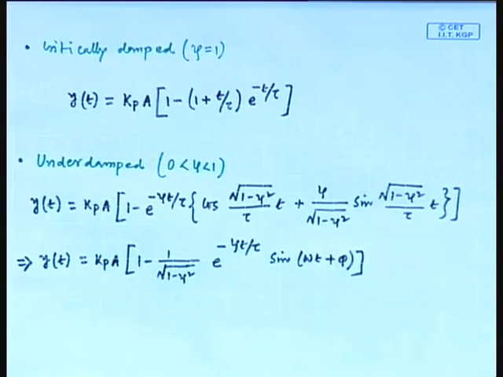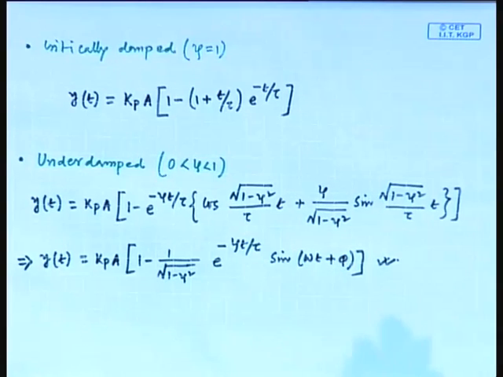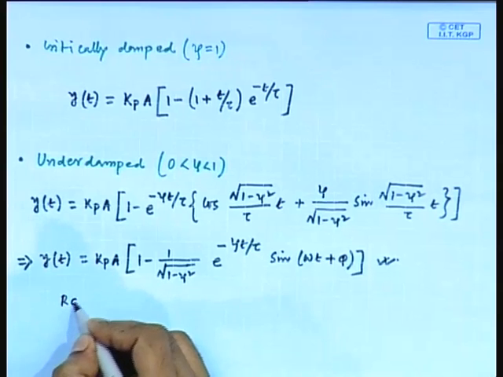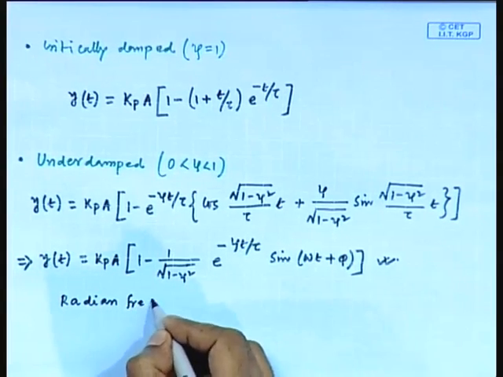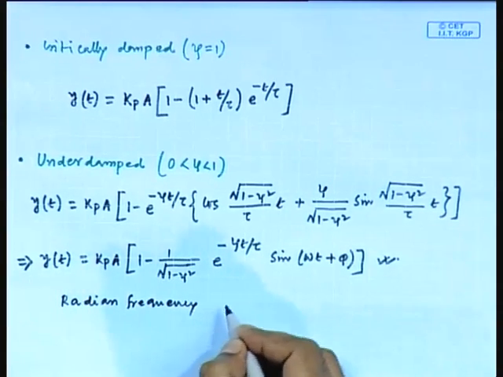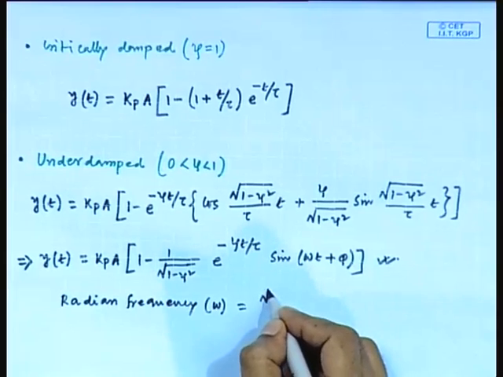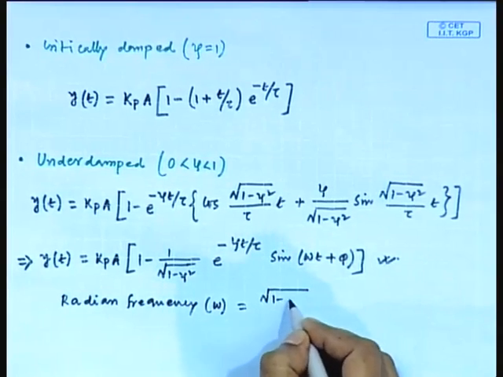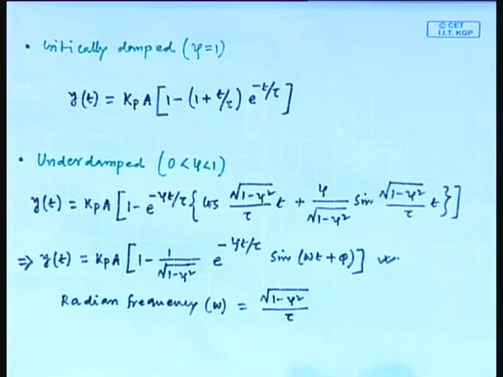Rearranging the expression of y in time domain, we get this last equation where the radian frequency omega equals root over 1 minus zeta square divided by tau. This is the expression for radian frequency omega.